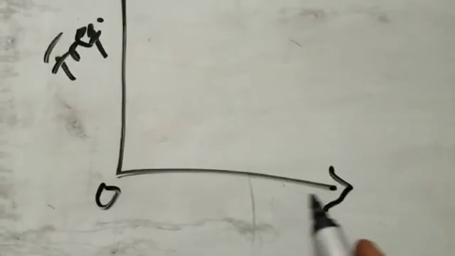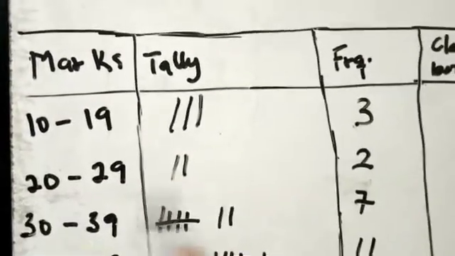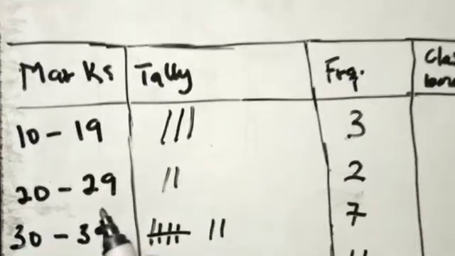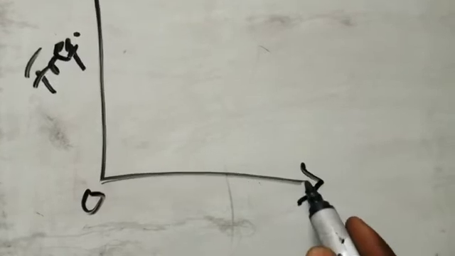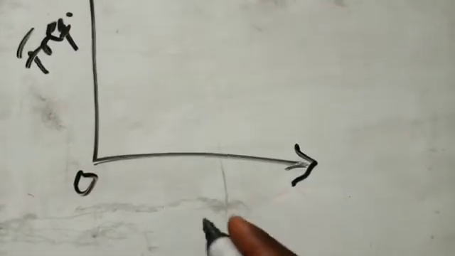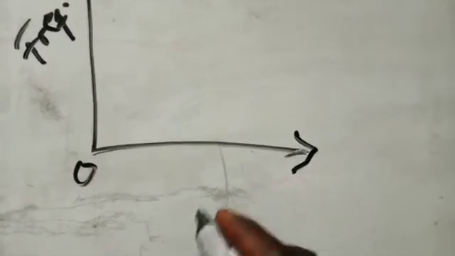Okay. Now what to be here? What to be on this line? What to be on this line? So we are plotting the frequency, meaning that 3 people got between 10 and 19, and then 2 people got between 20 and 29, and so on and so forth. They are here, but which values will be on this line, right? We plot this against what? The class boundary, right?